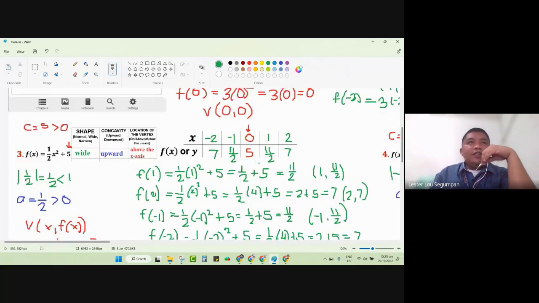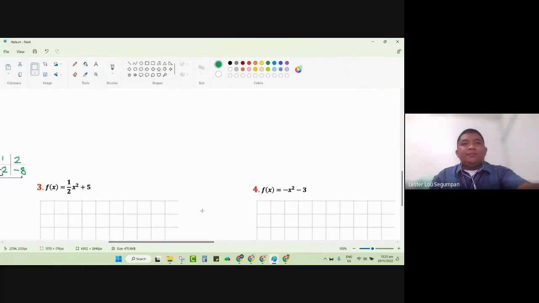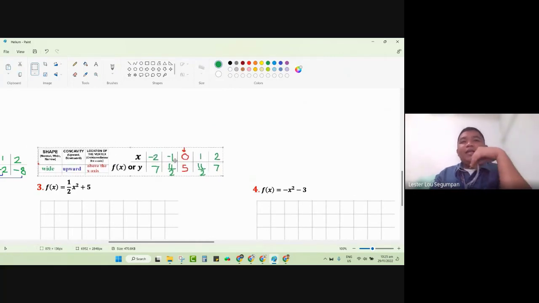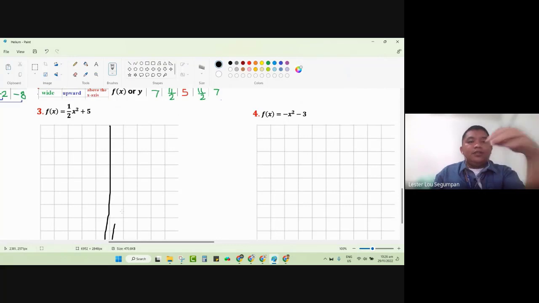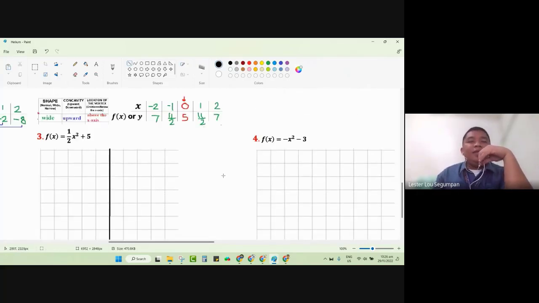So let's try to again copy this together with the prediction as we graph this here on the Cartesian plane below. And let's check if it's really wide, opening upward, and the vertex is above the x-axis. If we start with the axis, let's have here the x-axis, and a little bit probably y-axis could be placed here because we are predicting it to be opening upward.